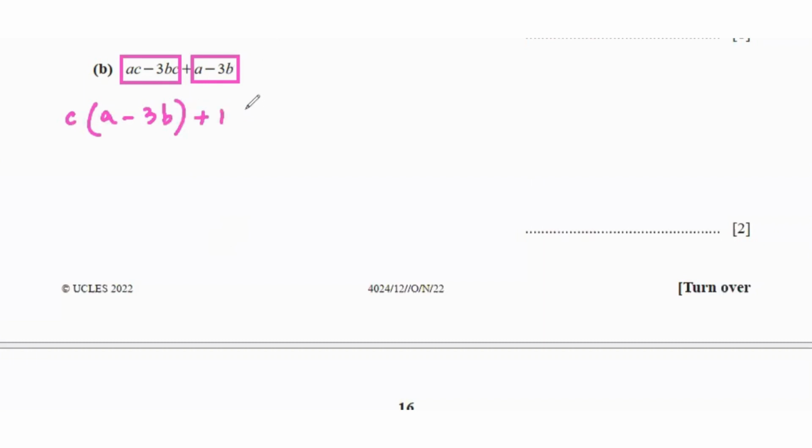So I'm going to take plus 1 common, and it's going to be a minus 3b again over here. Now between c and positive 1, we have a minus 3b common. So we take that common, and in the other bracket, we'll have c plus 1. So that's your factorized answer.